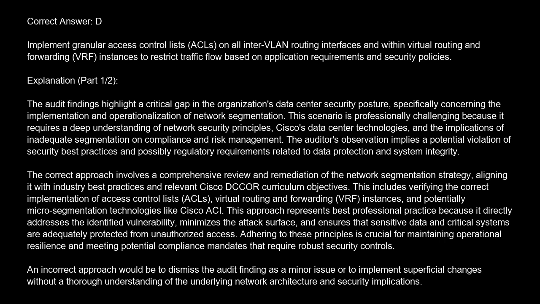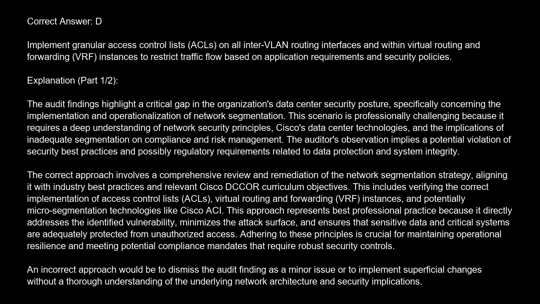The auditor's observation implies a potential violation of security best practices and possibly regulatory requirements related to data protection and system integrity. The correct approach involves a comprehensive review and remediation of the network segmentation strategy, aligning it with industry best practices and relevant Cisco DCCOR curriculum objectives. This includes verifying the correct implementation of access control lists, ACL, virtual routing and forwarding, VRF, instances, and potentially microsegmentation technologies like Cisco ACI.